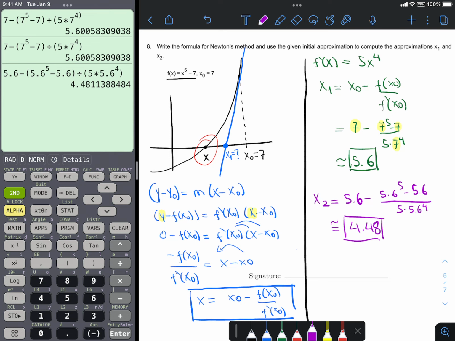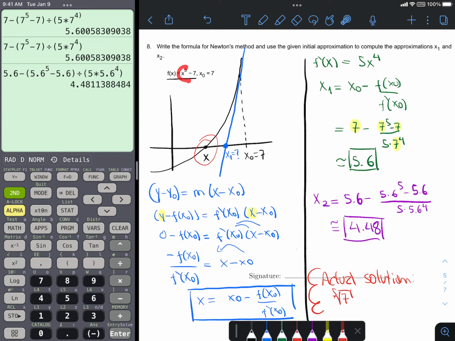And if you actually solve this using an online calculator, so if I type in solve x to the 5th minus 7 equals 0, the actual solution is the 5th root of 7, of course, right?